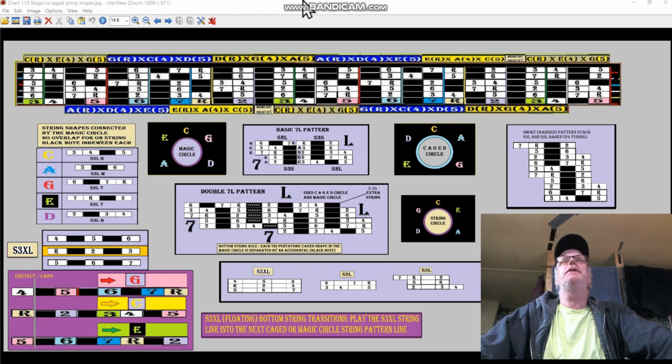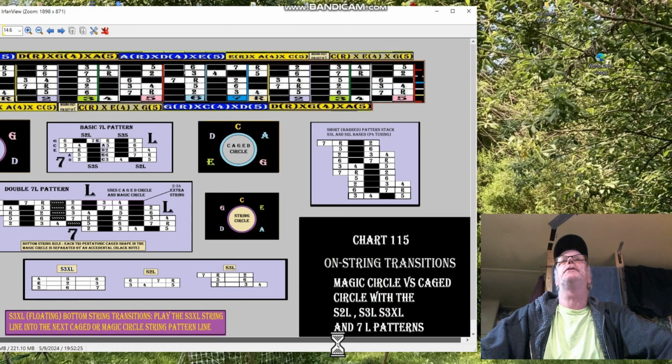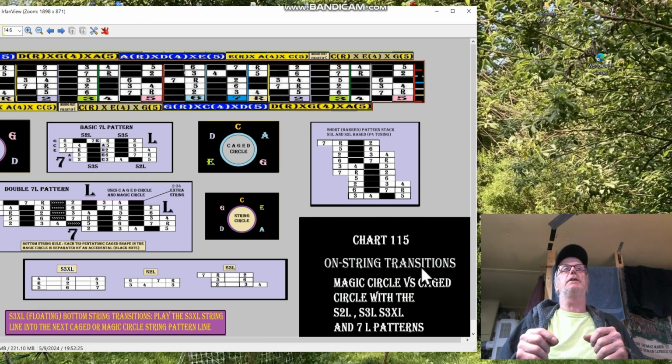The theme of the 3 charts, the first of which is on string transitions, is using CAGED and using cage shapes and the patterns, the building block patterns, S2L, S3L, to some extent S3XL, and I do that exclusively on one of these charts, but I don't carry that into my latest chart 117 because it takes away from the subject matter.